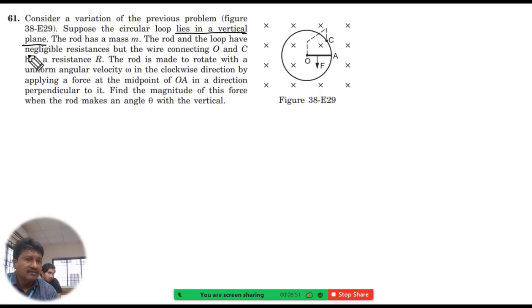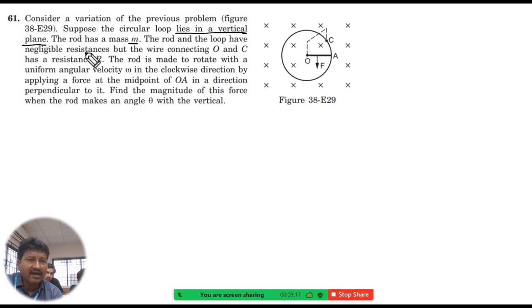Only mg will be acting on that. So the rod has mass m; here they mentioned the rod mass. So mg sin theta plus F cos phi will be acting. Total force. Let us say how much angle the rod will make.